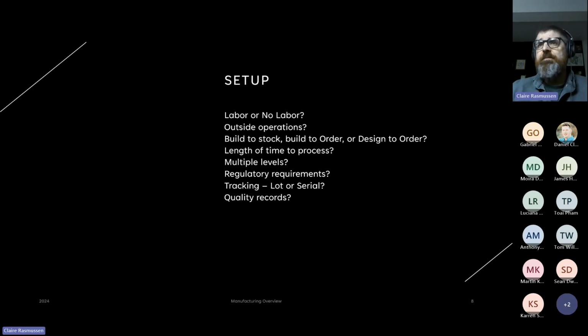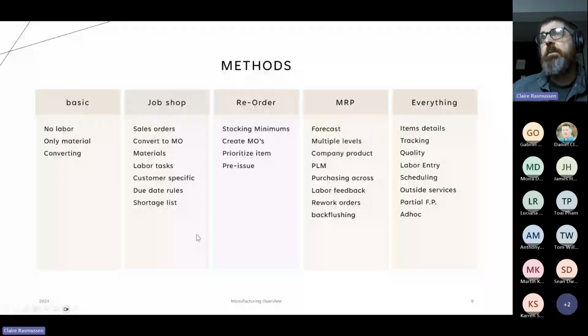Tracking, lot, serial, quality records. What part of the quality module are you using, and that's going to affect some of the manufacturing process. So from basic, very little, no labor, just material, to everything, where we use lots of different things in the system.